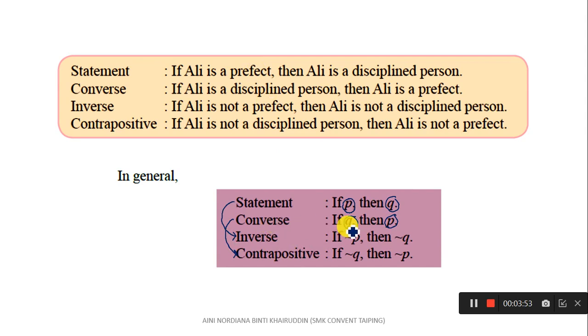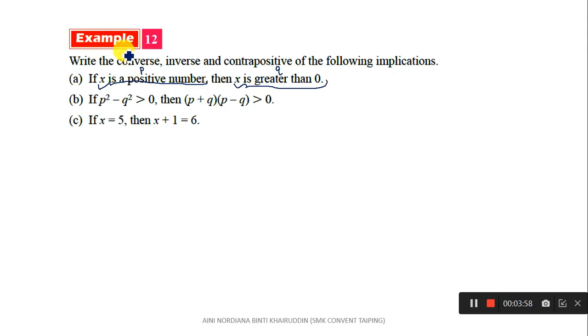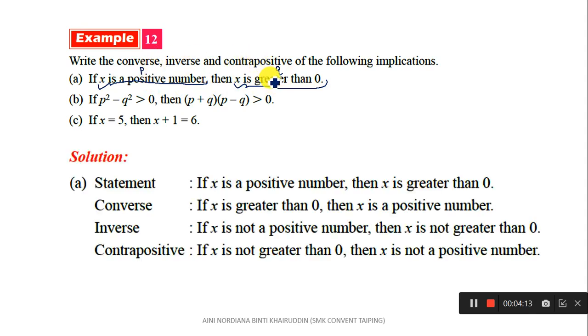Converse, if Q, then P. So the answer will be, if X is greater than 0, then X is a positive number. We change the position of P and Q for converse.